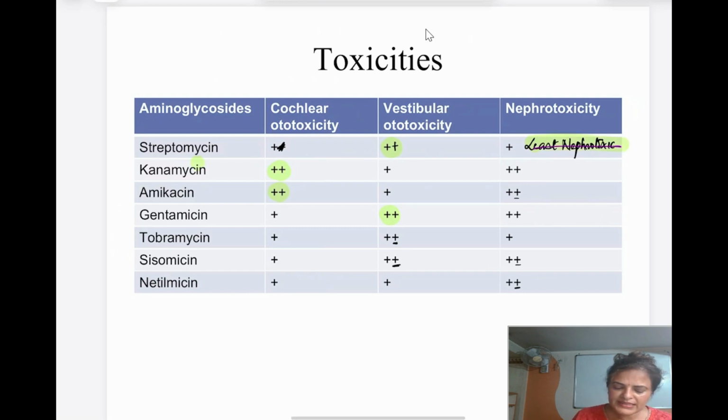Kanamycin and amikacin show the maximum cochlear toxicity. Streptomycin and gentamicin show the maximum vestibular ototoxicity. Neomycin shows the maximum neuromuscular blockade effect, and nephrotoxicity is also maximum with neomycin.